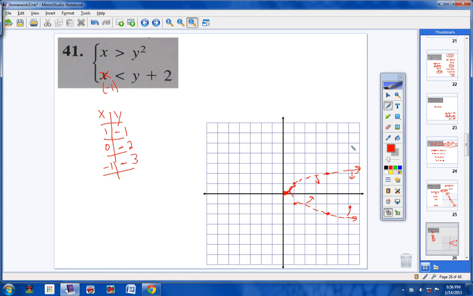So there's 3 values to graph your other line. 1, negative 1, so they hit right here. 0, negative 2. And negative 1, negative 3. And your line would be a dotted line. So there we go.